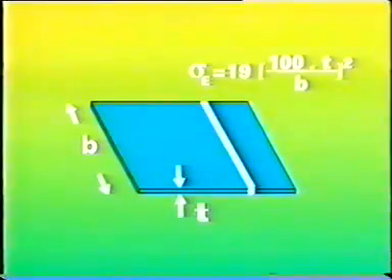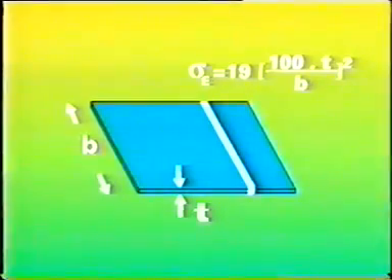Regarding the geometry, two parameters are introduced. The aspect ratio, alpha equals A over B. The Euler buckling stress, sigma E, of a strip, length B, width unity, and plate thickness T.